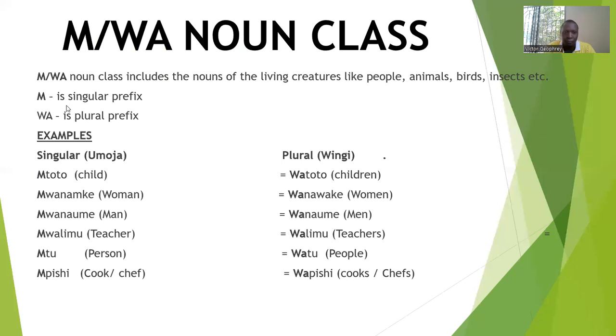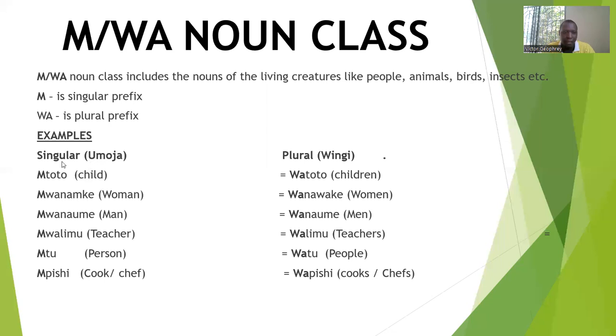It starts with M in the singular and wa in the plural. So the one noun class consists of nouns that have M prefix in singular and the wa prefix in plural.